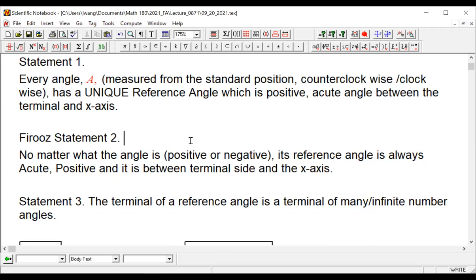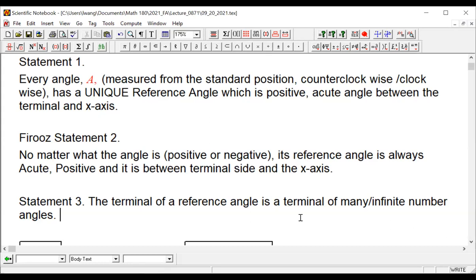No matter what the angle is, positive or negative, its reference angle is always acute, positive, and it is between the terminal side and the x-axis. Wonderful. Noah, can you read the third statement for us? The terminal side of a reference angle is the terminal side of an infinite number of angles. Very good. Thank you so much.